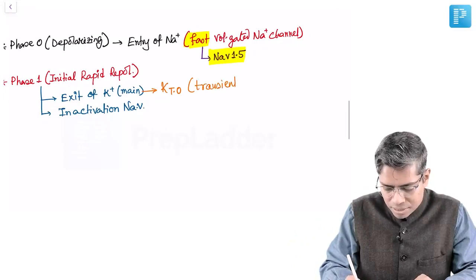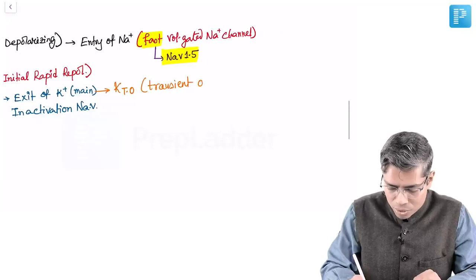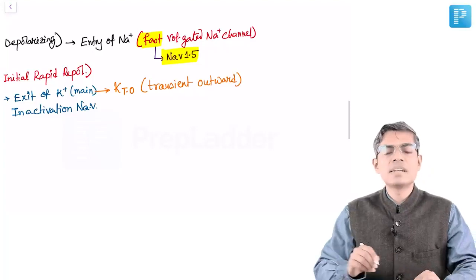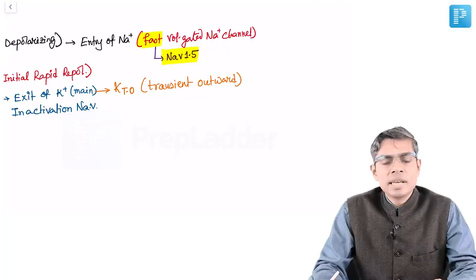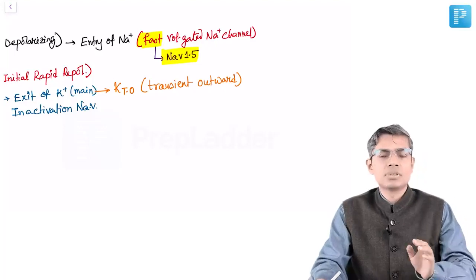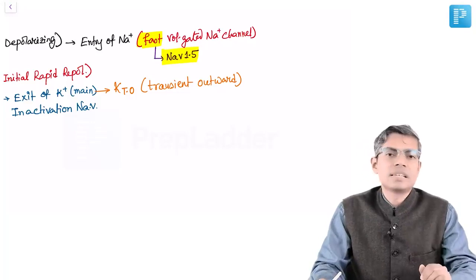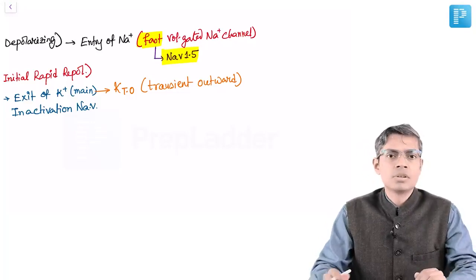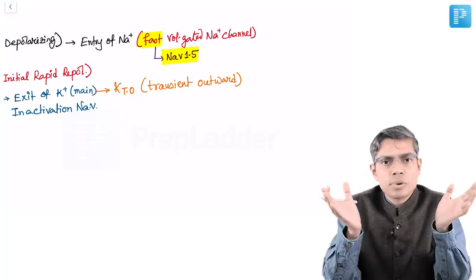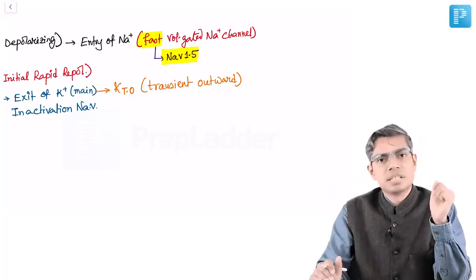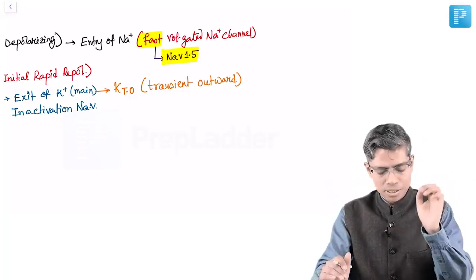T stands for transient, O stands for outward potassium channel, right? So transient outward potassium channels open up during phase number 1, and through this KTO channel, potassium goes out of the cell, as well as there is inactivation of the voltage gated sodium channel. So the cell is losing positive charge and the membrane voltage is returning. Very, very crucial, right?